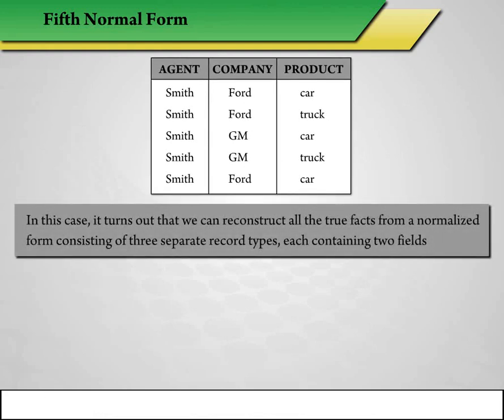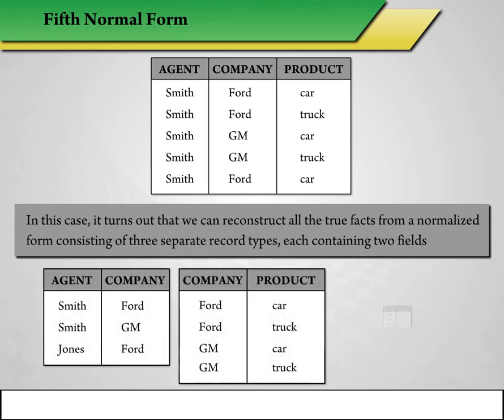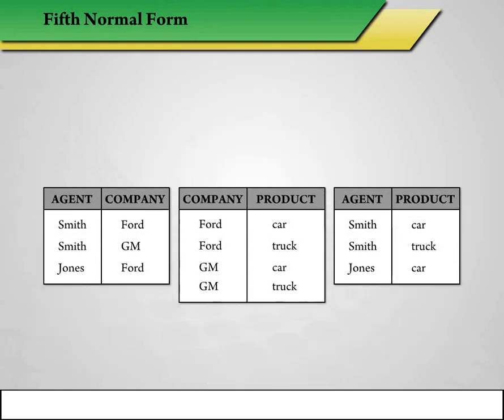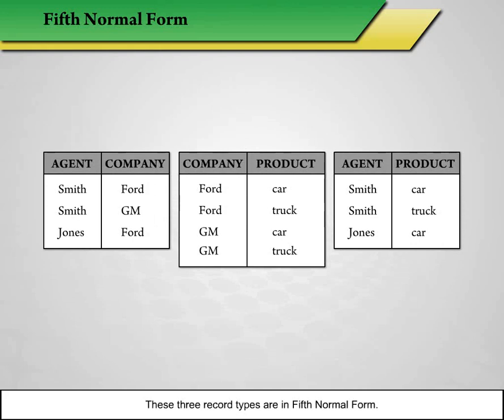In this case, we can reconstruct all the true facts from a normalized form consisting of 3 separate record types, each containing 2 fields. These 3 record types are in fifth normal form.